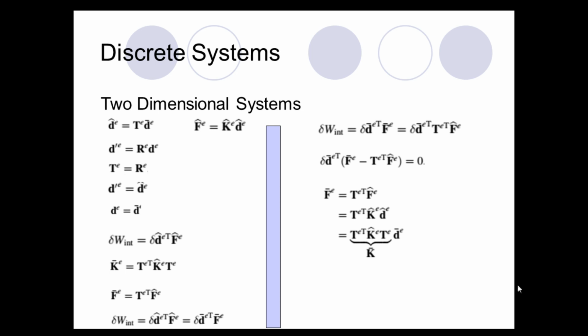Now I can write FE as KE hat multiplied by DE hat, as you see. Now this is what I have: TE transpose KE hat TE, and we know that this is K bar, and K bar is multiplied by DE bar, this is FE.